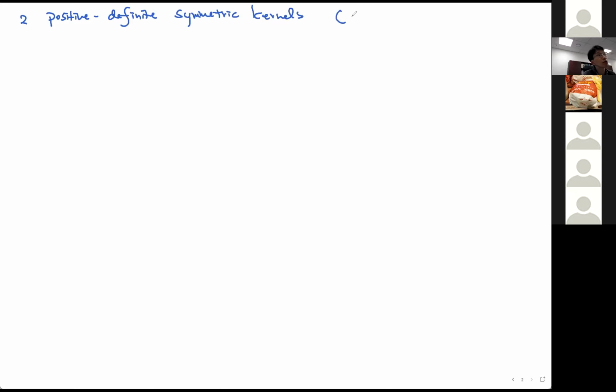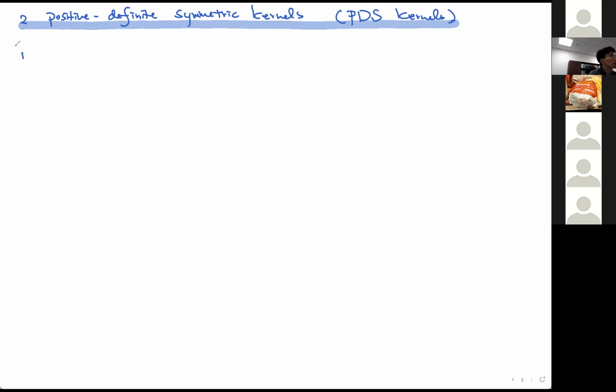We will use the abbreviation quite often, which is PDS kernels. This is the object that we're going to study. And then the question is, what are they? Here's the definition of the positive definite symmetric kernel.